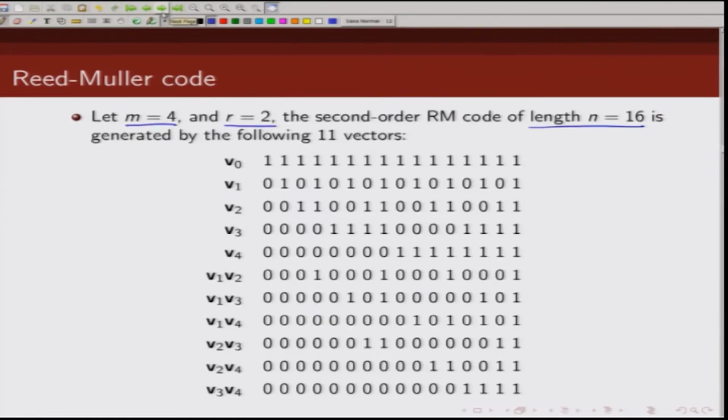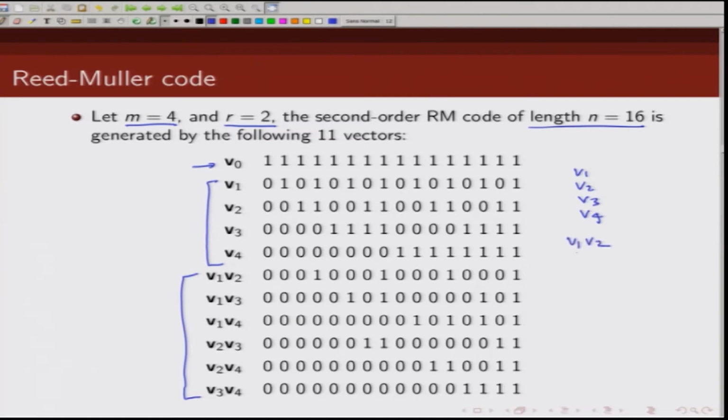So, this is your V0 vector, these are all your V1, V2, V3, V4, this is degree 1, and then these are all possible degree 2 Boolean product vectors. Because m is 4, we will have V1, V2, V3, V4 and r is 2. So, we have to consider all possible Boolean products of degree 2.